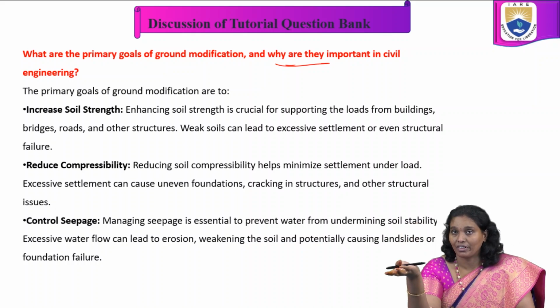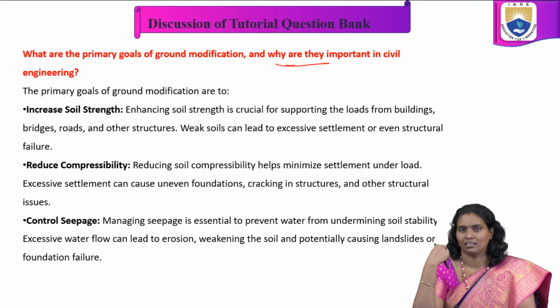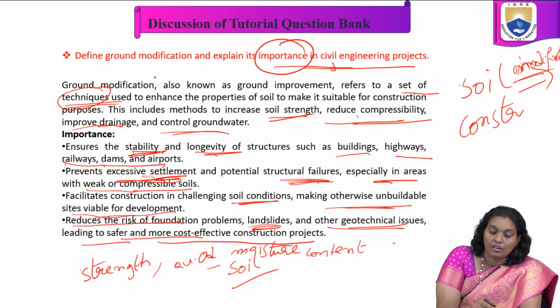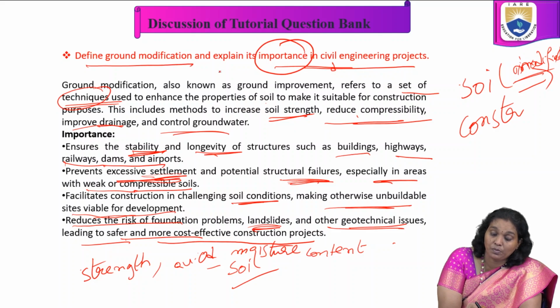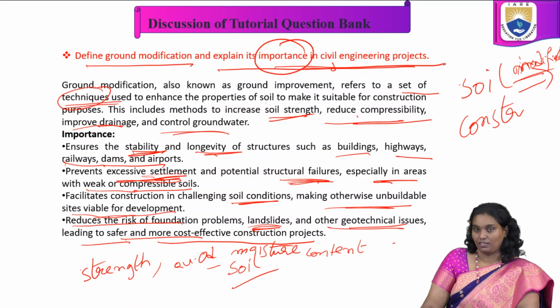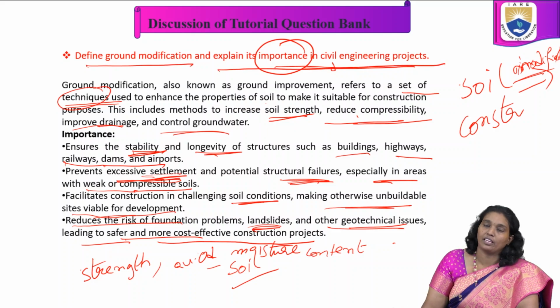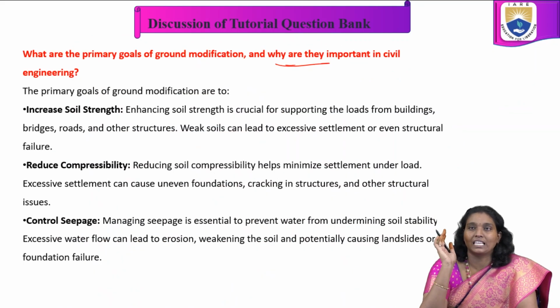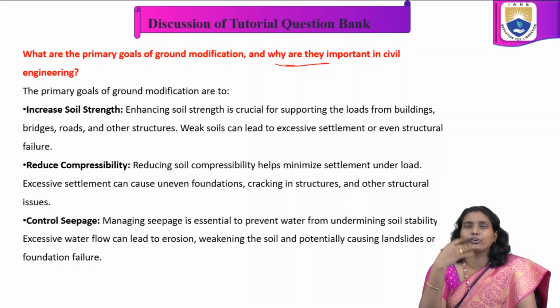They are asking in different ways, so we have to understand that. In the first question: define ground modification and explain its importance in civil engineering projects. Here, why are they important? Based on the question, we are going to answer.